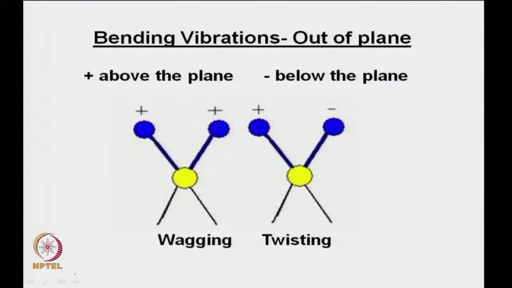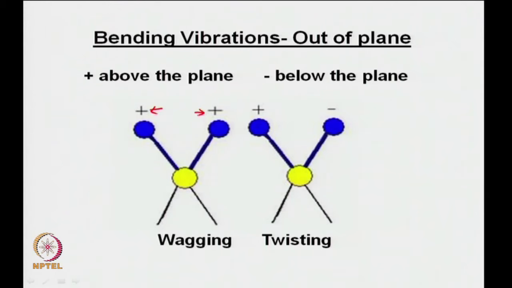If you look at this figure, what do the plus and minus refer to? Plus means you are vibrating above the plane, and minus means you are vibrating below the plane. The first one is plus and this is also plus, so both are above the plane. It is like wagging of a tail.